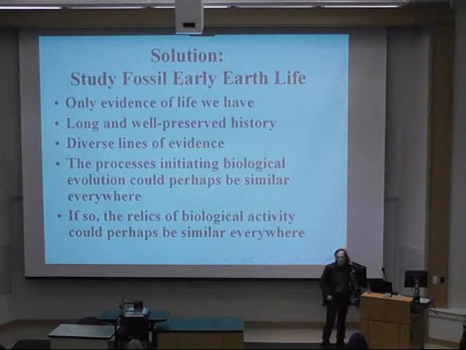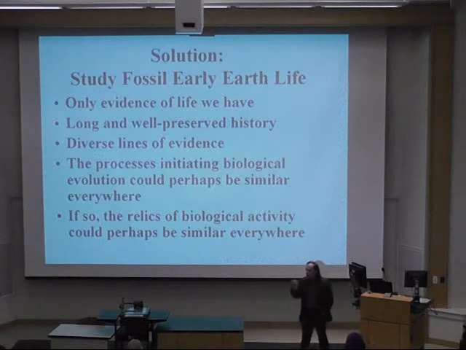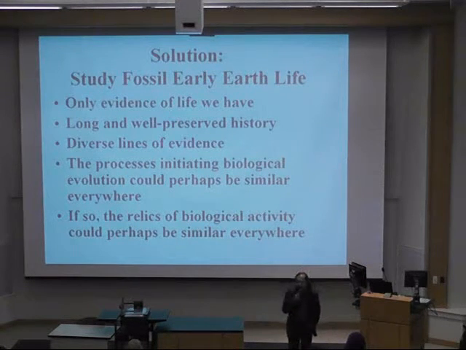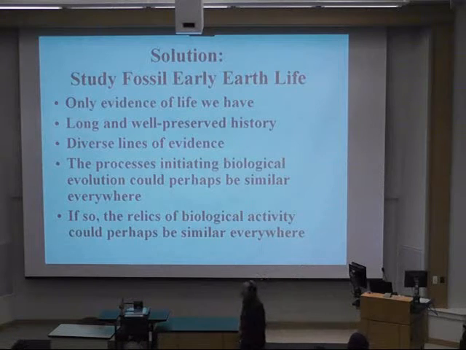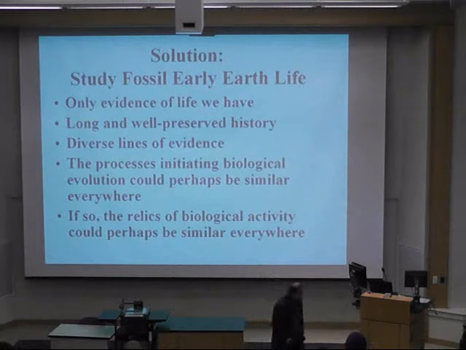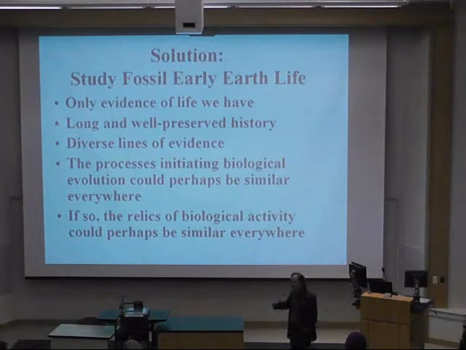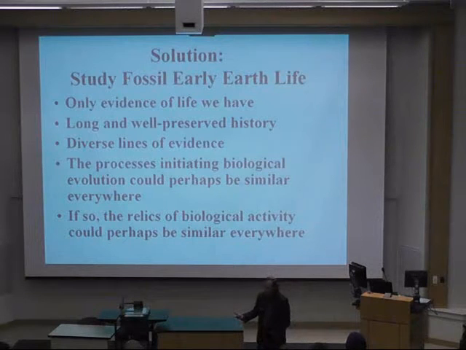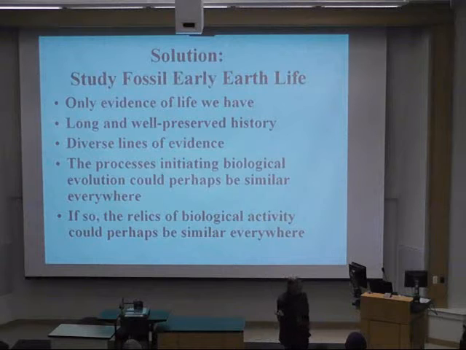So the best way to try and guide us to how we would find fossil aliens is to look at relics of the earliest life on Earth. The reason being is that early Earth and early Mars were probably habitable about the same time, 3-4 billion years ago.